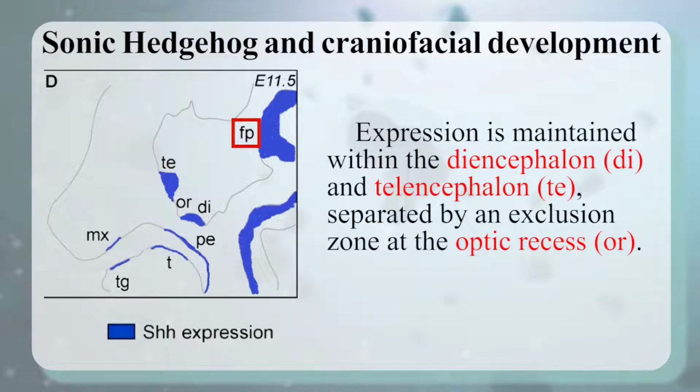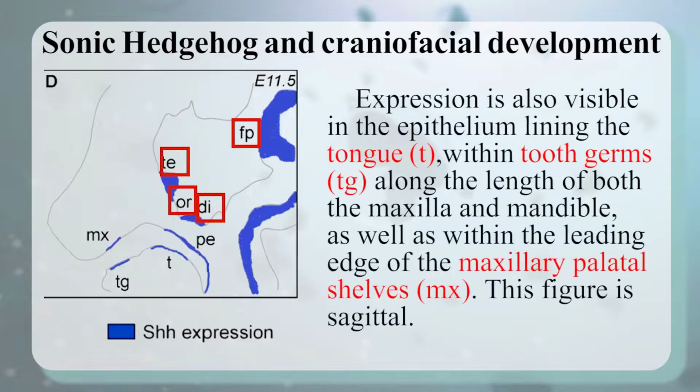Expression is maintained within the diencephalon, DI, and telencephalon, TE, separated by an exclusion zone at the optic recess, O. Expression is also visible in the epithelium lining the tongue, T, within tooth germs, TG, along the length of both the maxilla and mandible, as well as within the leading edge of the maxillary palatal shelves, MX. This figure is sagittal.